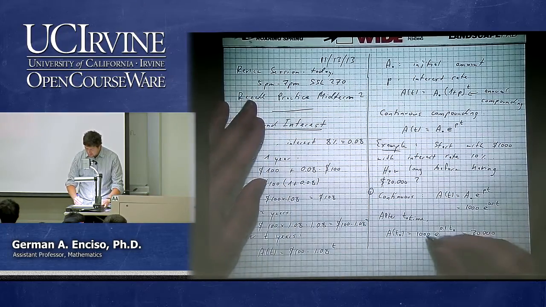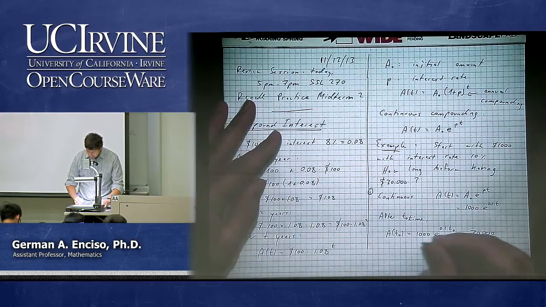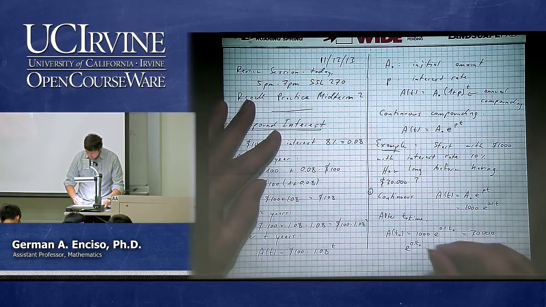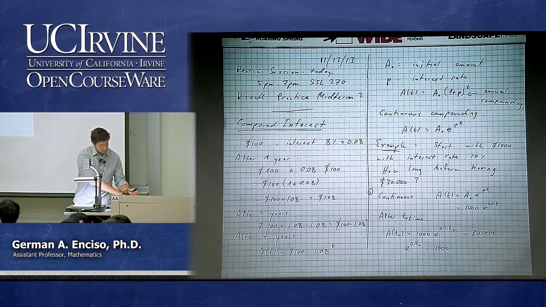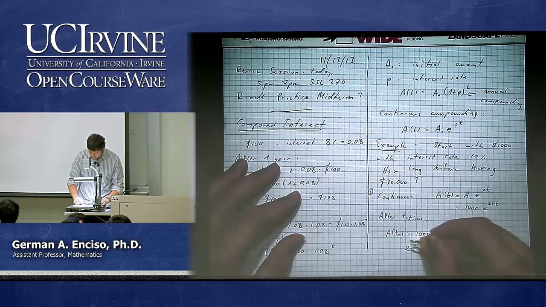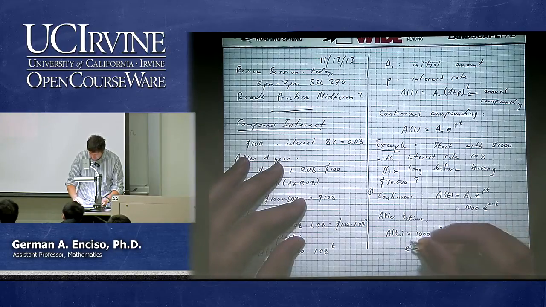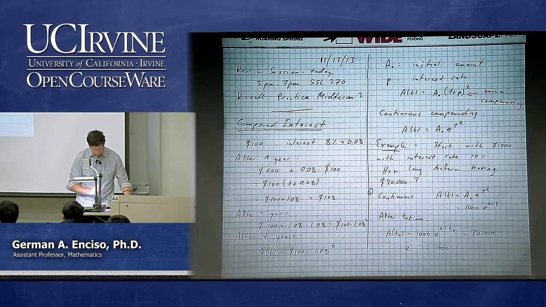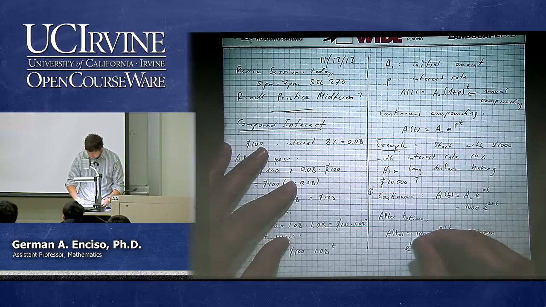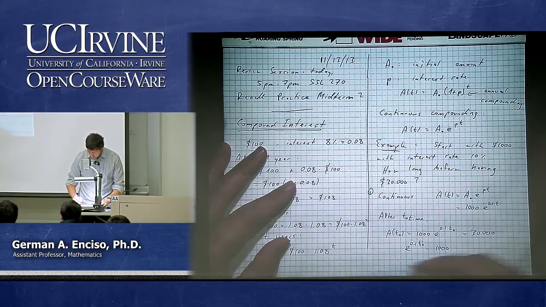We can cancel out the 1,000 here and the 1,000 there, and we get e to the 0.1 t0 is equal to 1,000. Sorry, that's 0.1 t0. Okay, so we take logarithms on both sides.